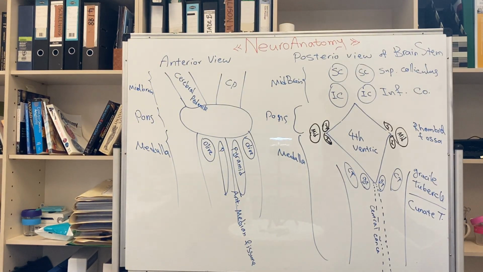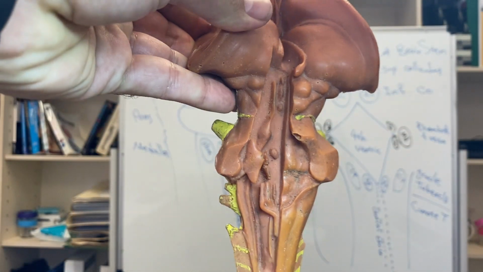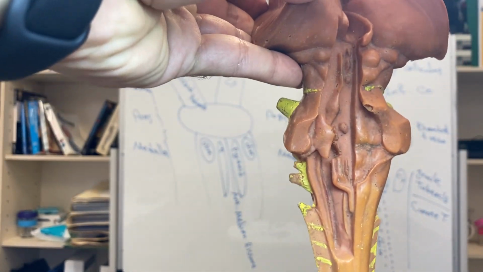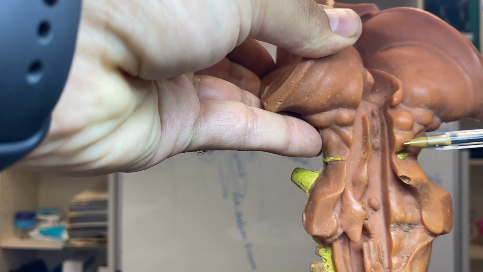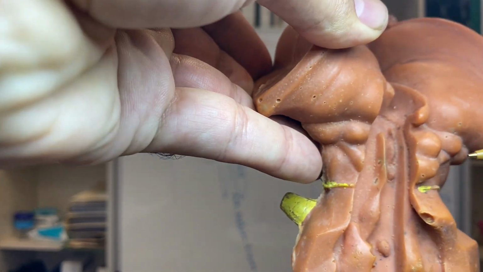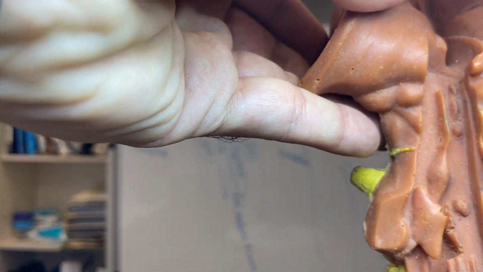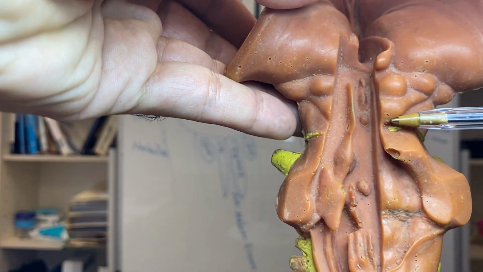I'm going to show you the details of these structures from posterior view. So this is the posterior view or dorsal view of the brainstem. You can see two bumps here, superior colliculus, and this one is called inferior colliculus, of the midbrain.